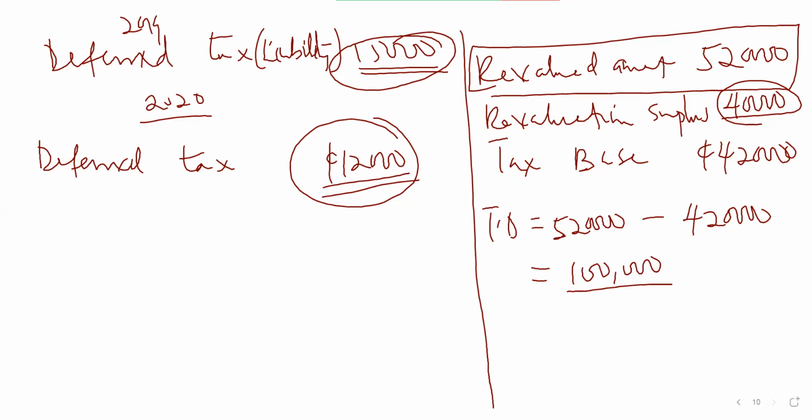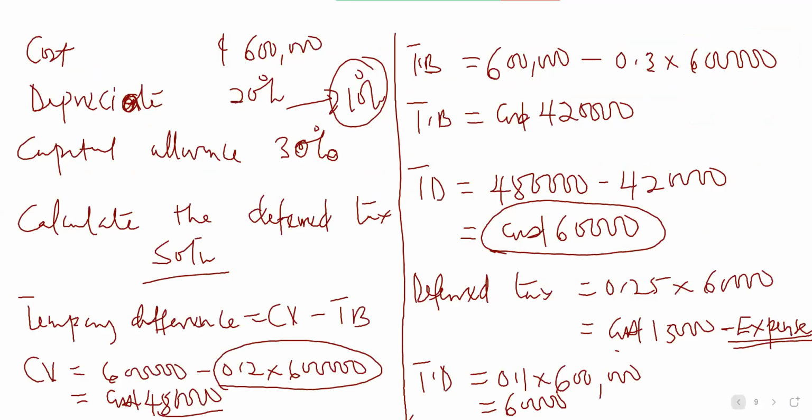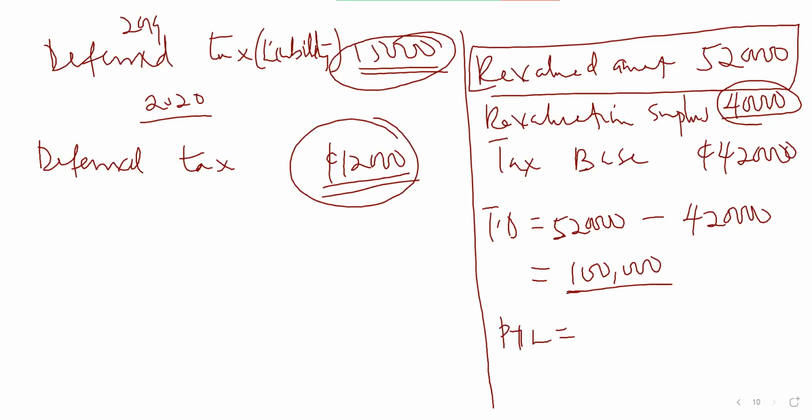So for the temporary difference relating to profit and loss, you ask yourself, assuming the revaluation was not done, what should have been the carrying value of the asset? Then you compare with the tax base, because the tax base will not change. So assuming the revaluation was not done, our carrying value should have been 480, and this 420, and that would be 60,000. But after it has been done, our temporary difference is now 100,000.